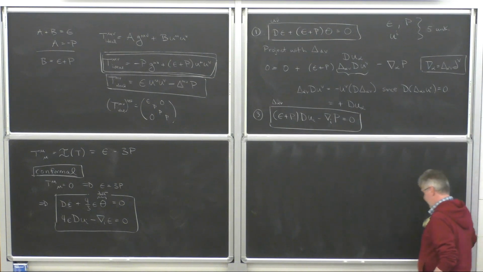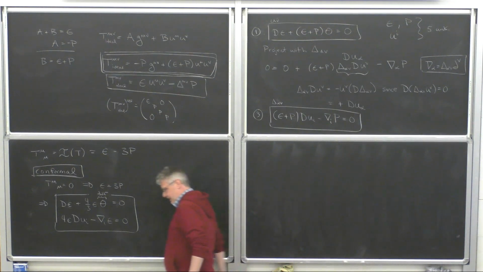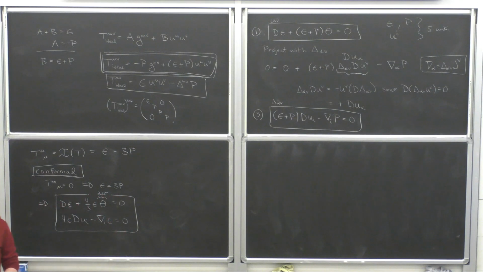So the final thing I want to get for you today is a sort of standard solution that everybody in heavy ion uses and throws around, which is called the Bjorken solution. The Bjorken solution comes from these sets of equations and an additional set of assumptions.